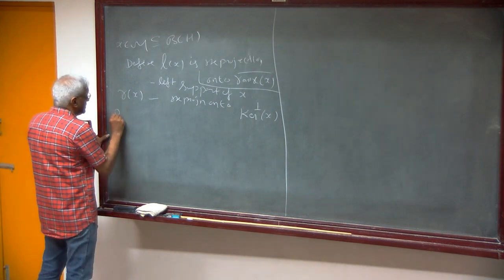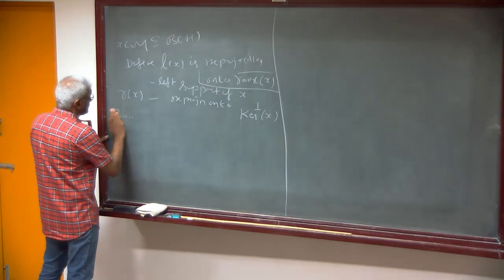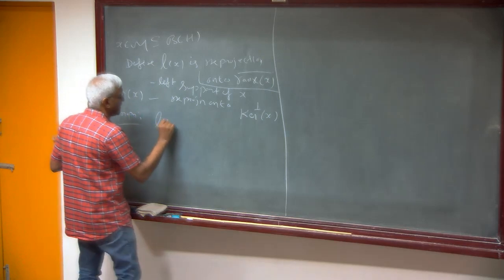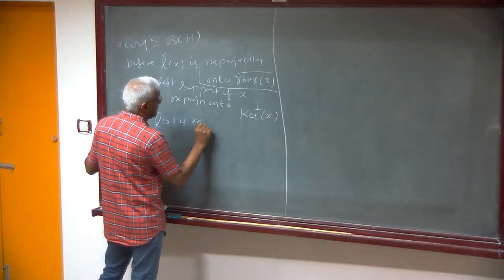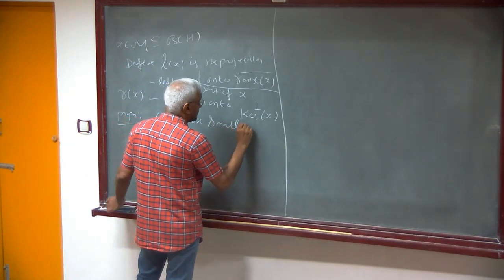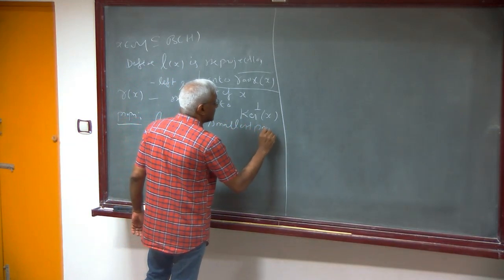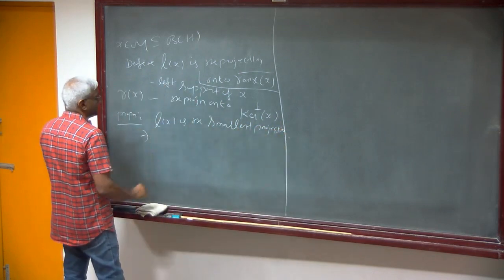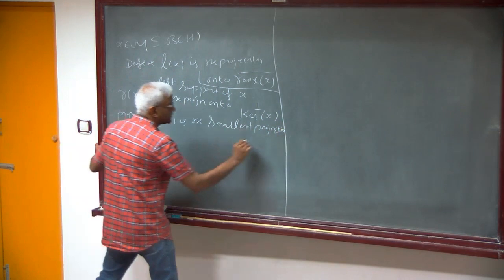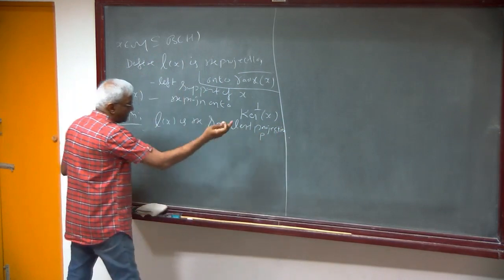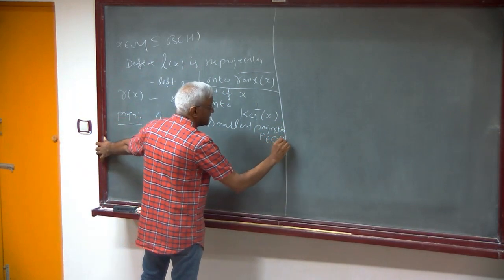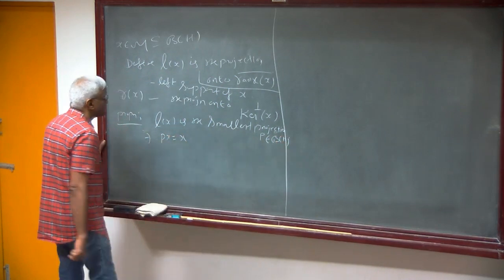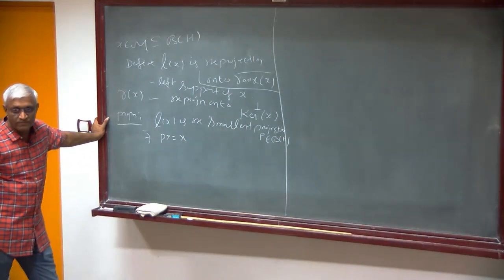So then the remark, maybe proposition: L of X is the smallest projection P in B of H such that PX equals X. That's why it's called left support.